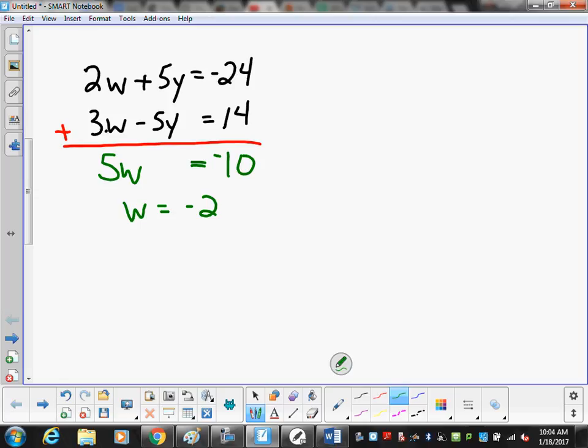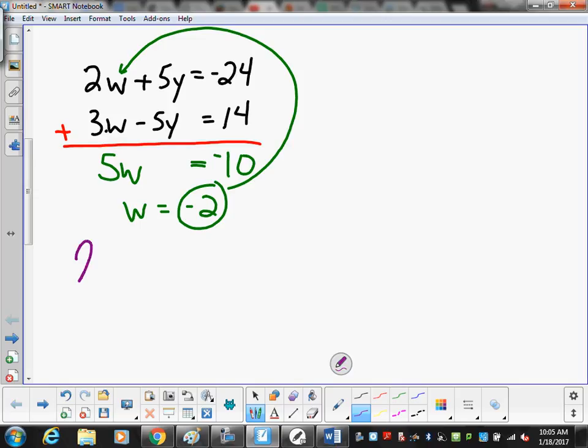Now, just like in substitution, once you find one variable's value, you've got to plug it back in to find the other. And so we're going to take this negative 2 and plug it back into one of our original two equations and solve for y. So now I'm going to rewrite that first equation. The second equation should work too.